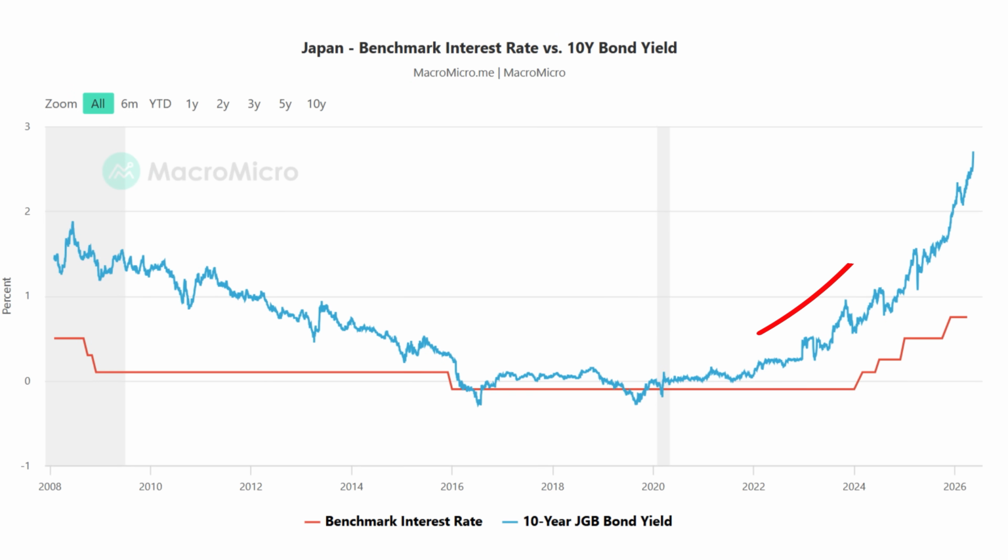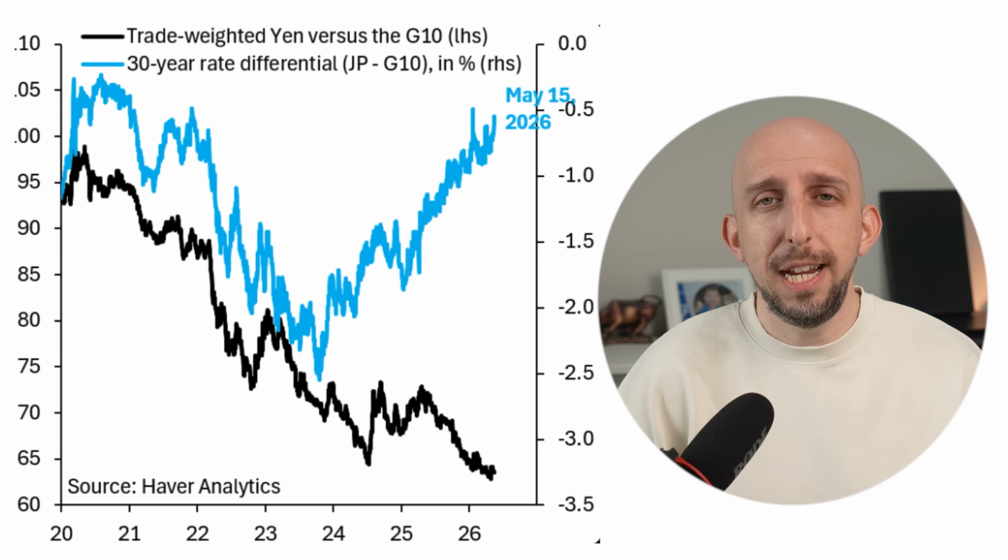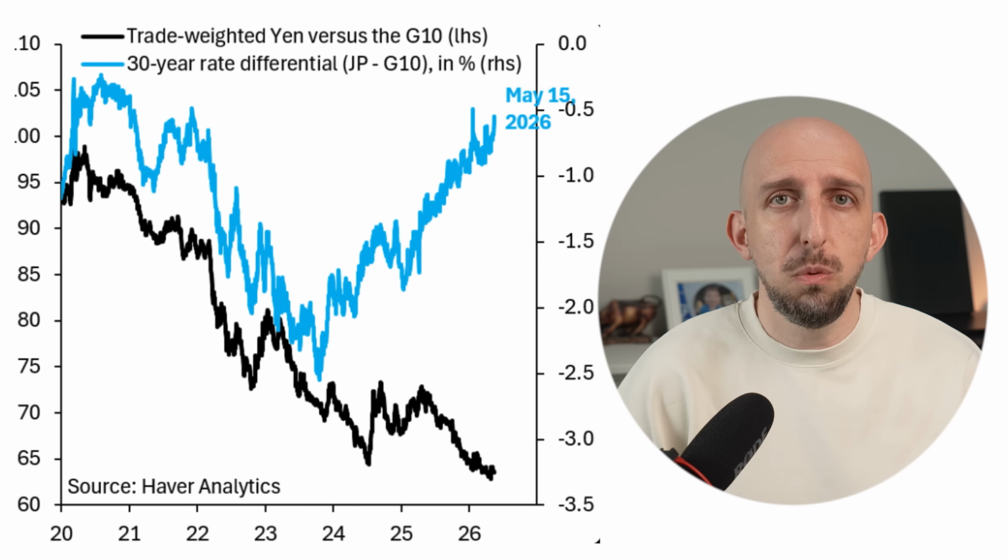The Japanese 10-year bond yield has exploded to 2.73%, the highest since 1997, and their benchmark interest rate is still at 0.75. Look at this chart. The gap between Japan's long-term yields and the yen has never been wider.